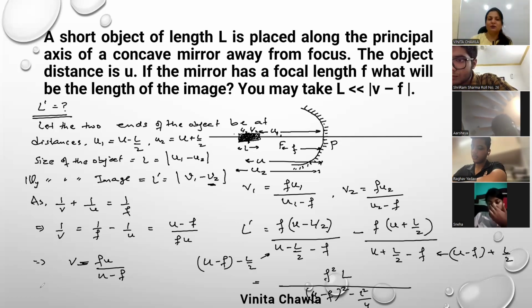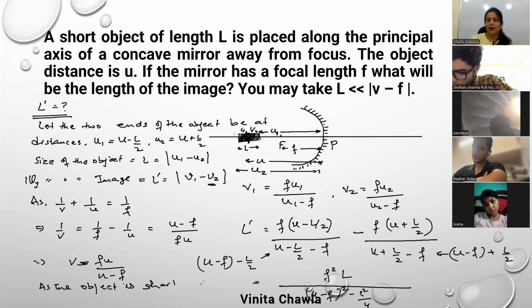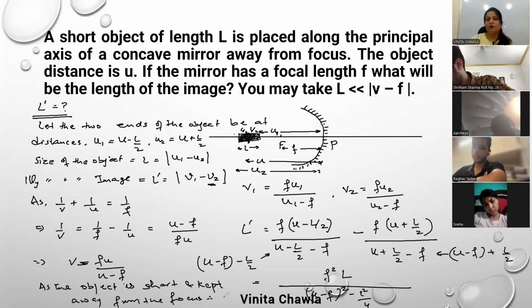Because our object is quite short, as the object is short and kept away from the focus, therefore L square by 4 is very, very small. You know, it is very small compared to this. You can neglect this, u minus f whole square.